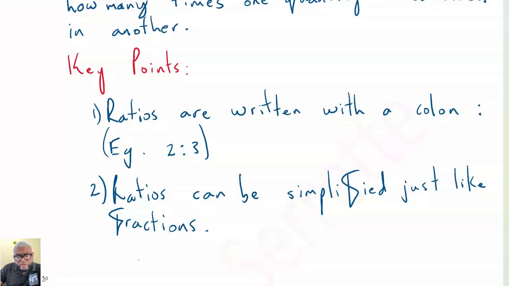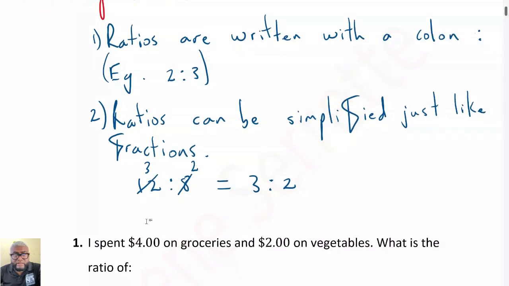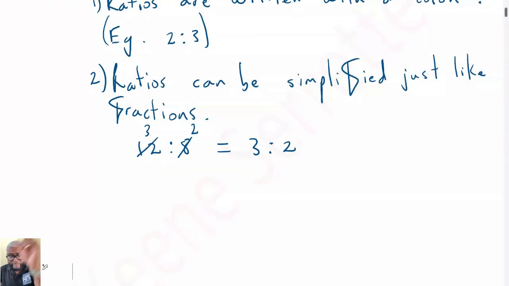So 12 to 8 can be reduced. 4 into 8 is 2 and 4 into 12 is 3. So this can be reduced to 3 to 2. Right? So ratios can be reduced just like fractions.